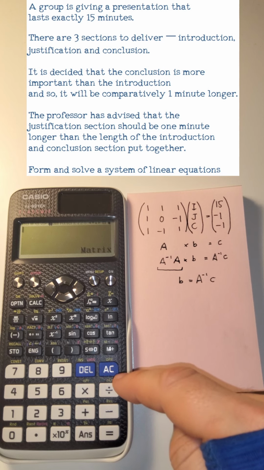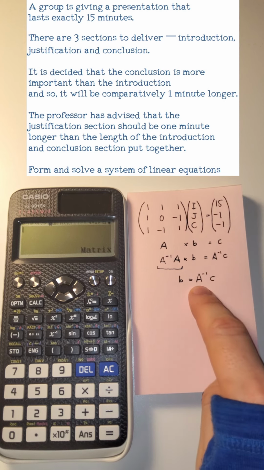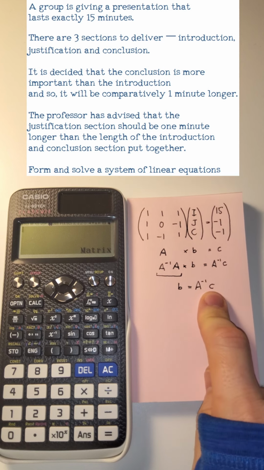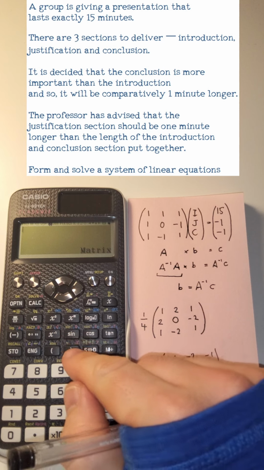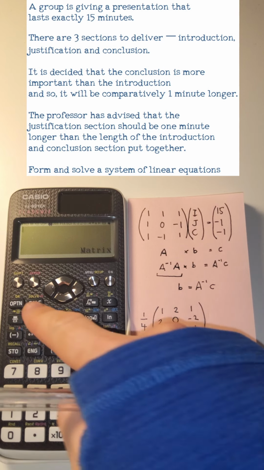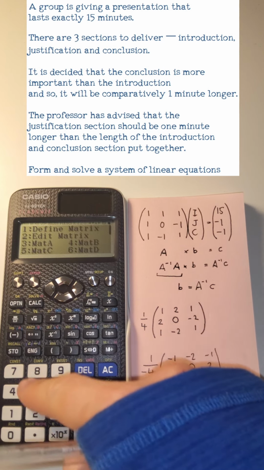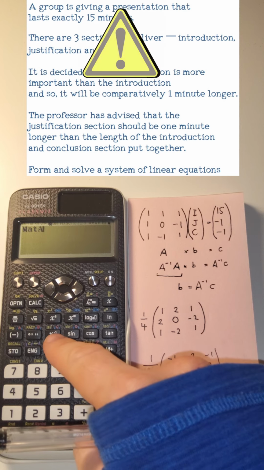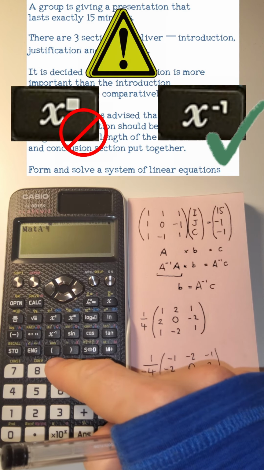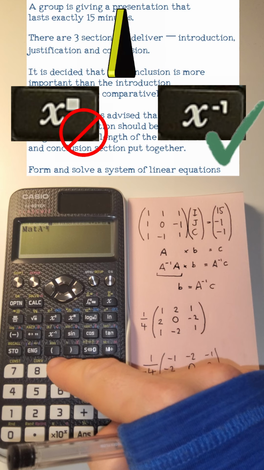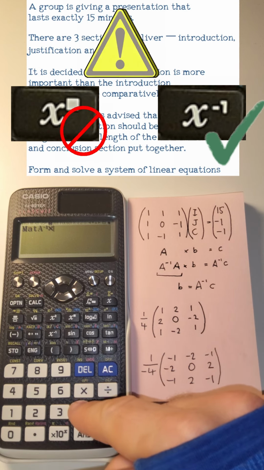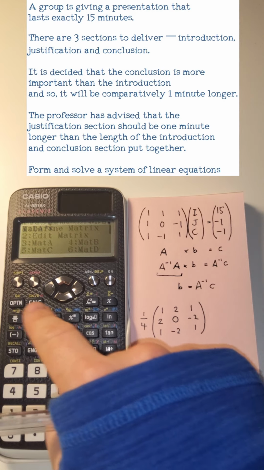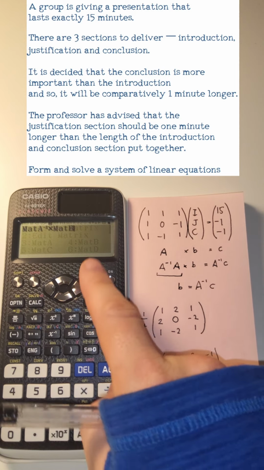Now, we're trying to multiply the inverse of A with the C vector that we've just input. We're going to press options 3 and press the special button for the -1 power, the index, and then we're going to just simply use the multiplication button and add the matrix B that we defined.